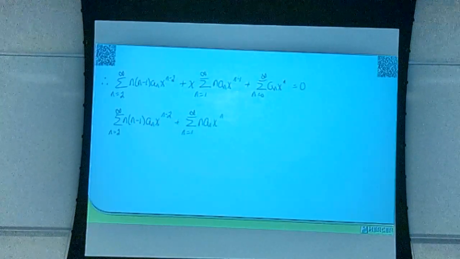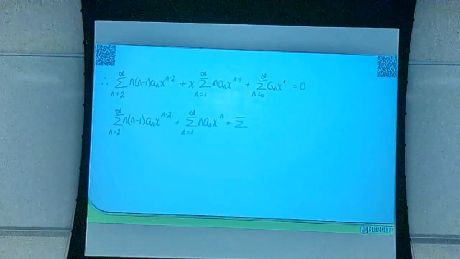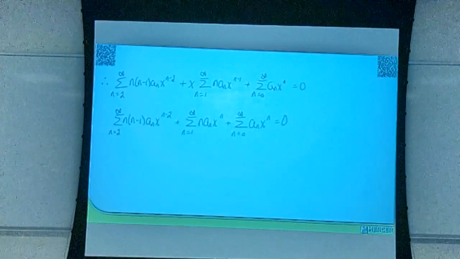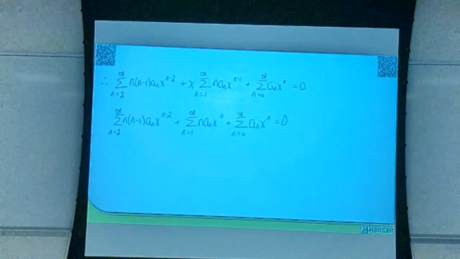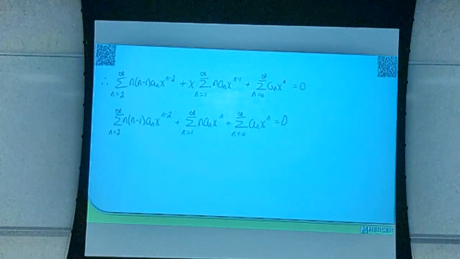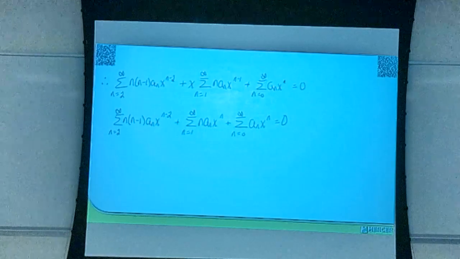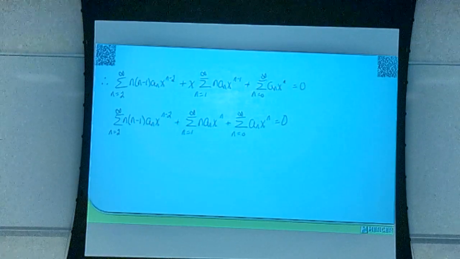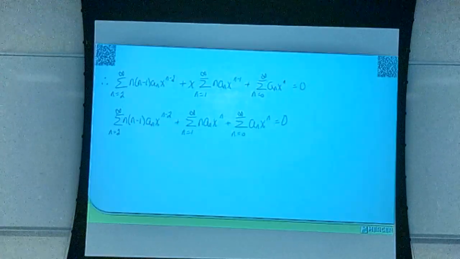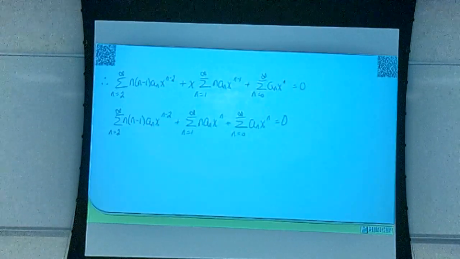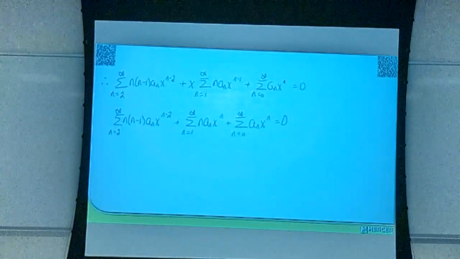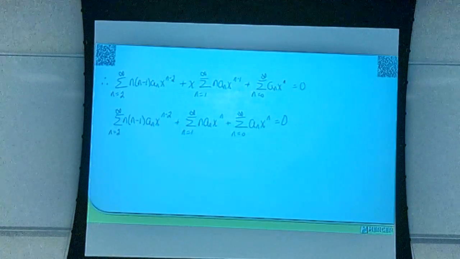Distribute that x through. I think what we're going to have to do here is try and write everything in terms of x to the n minus 2.